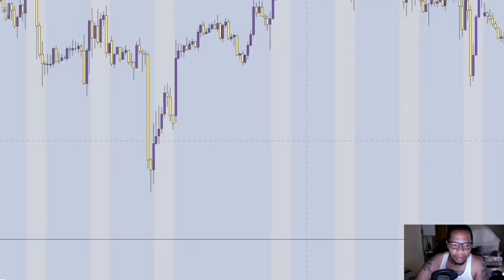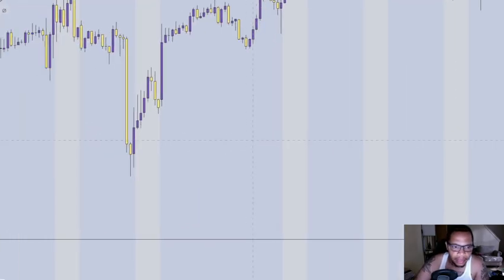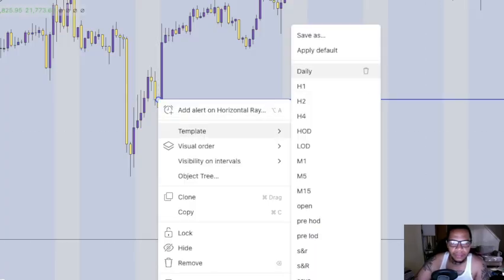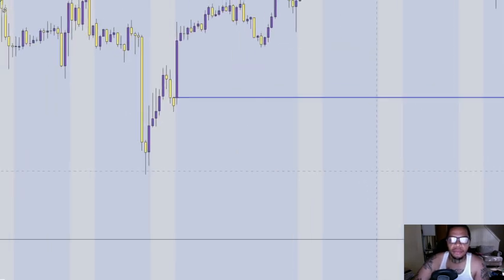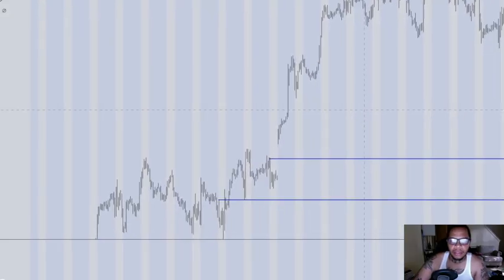And you want to take your time. You want to mark these areas because these are key areas that you're going to be using. You know, this is price action. Especially trading futures, price is going to pretty much repeat itself a lot. So you want to make sure you're marking everything up.